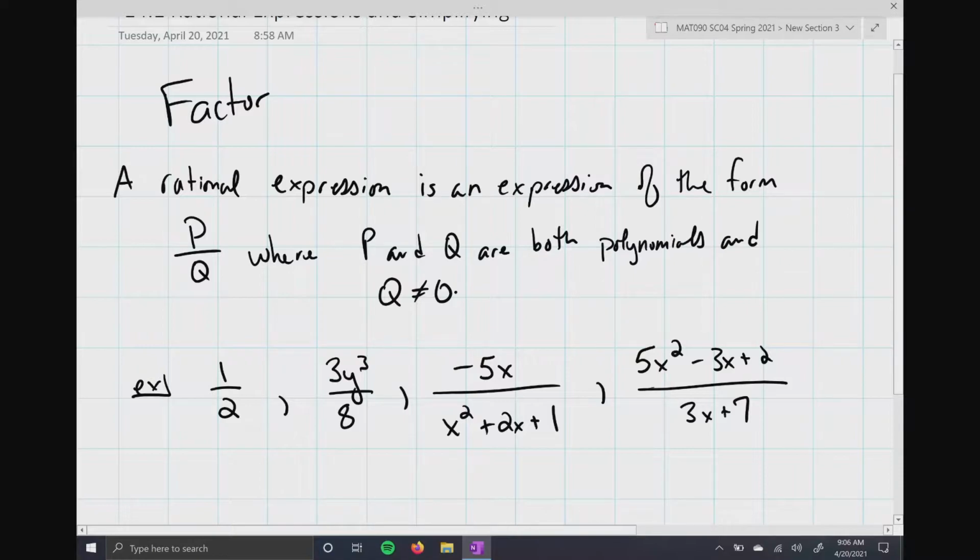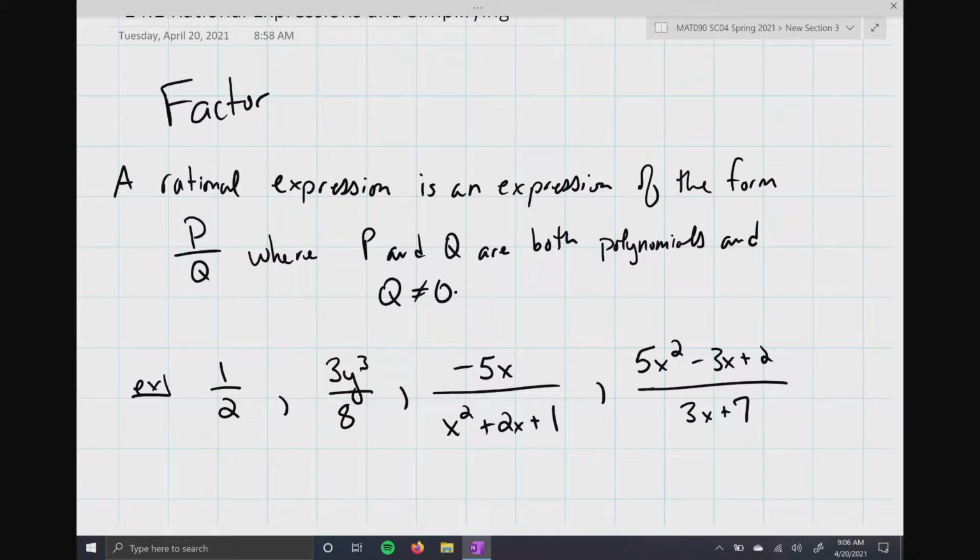What we're going to do in this section first is review something called a domain. Remember back in chapter 10, find a domain. We're going to do that again. Then I'm going to show you how to simplify rational expressions. And the best part is you already know how to do all of this.